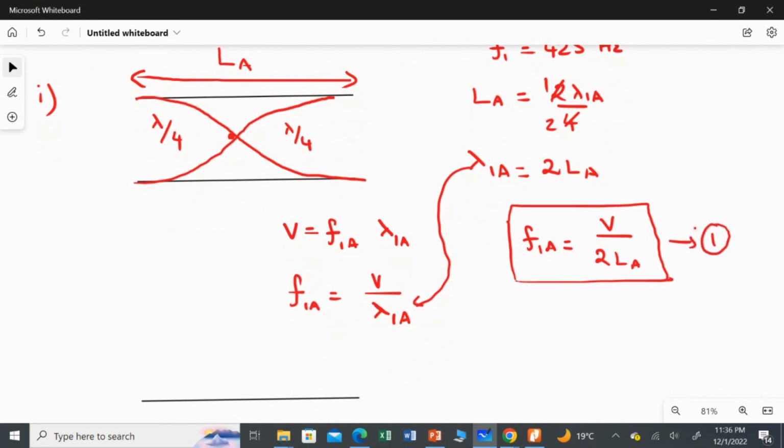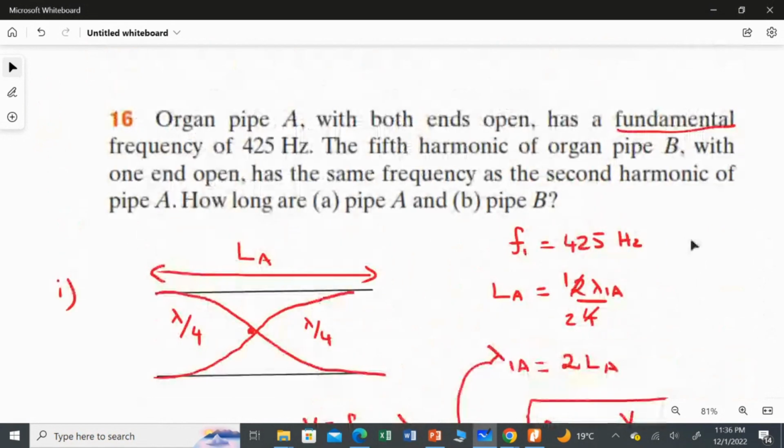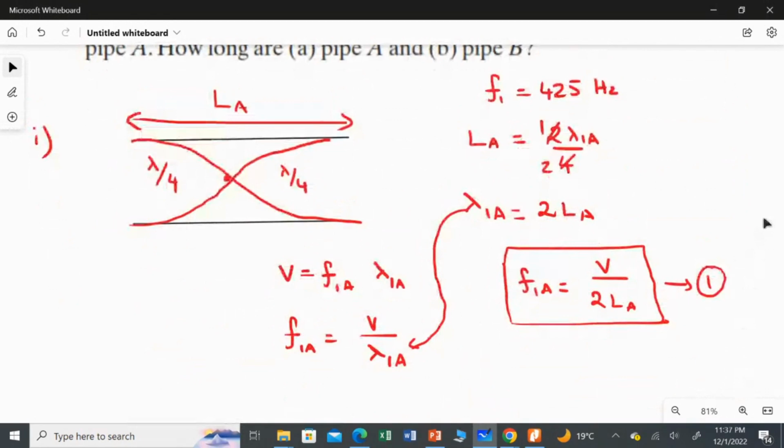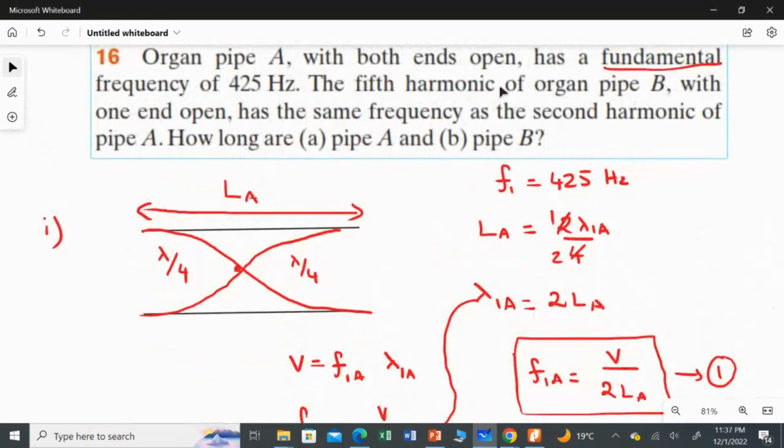In the second part of the question, what they mention is the fifth harmonic of the organ pipe B with one end open has the same frequency as the second harmonic of pipe A. So now I'm going to draw the same type of diagram for n equal to 2, because they mentioned your fifth harmonic of pipe B has the same frequency as the second harmonic of pipe A. One more time, I'm going to draw the diagram for pipe A, because here pipe A has both ends open.